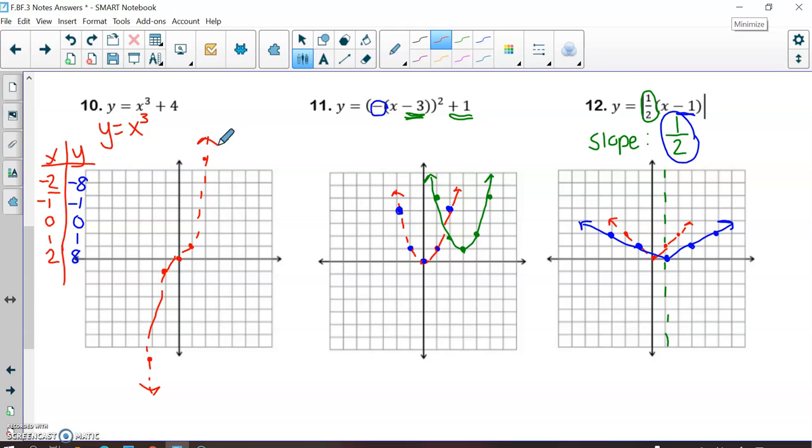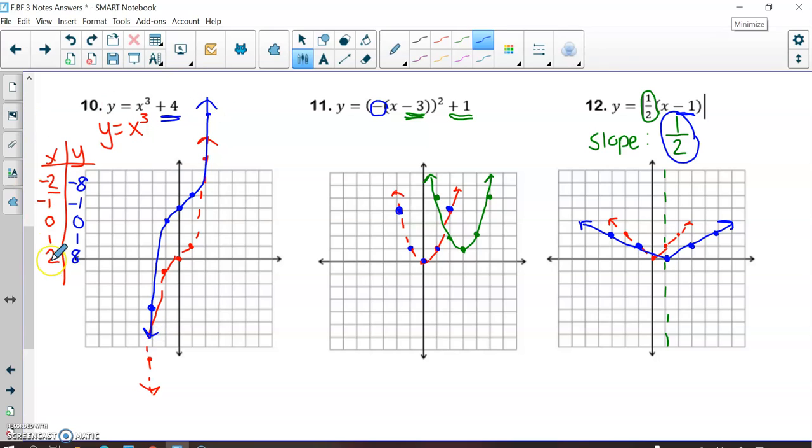Okay, so now for this one, all I'm doing is translating it up 4. So all these points get translated up 4. And the top one is somewhere up here. But this is what your new graph would look like after all the points are translated up 4.